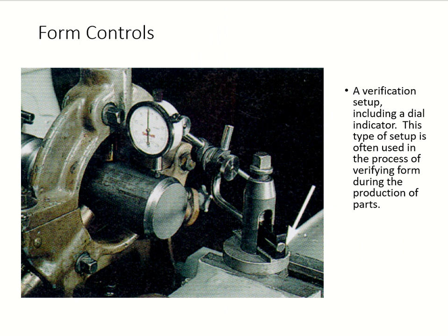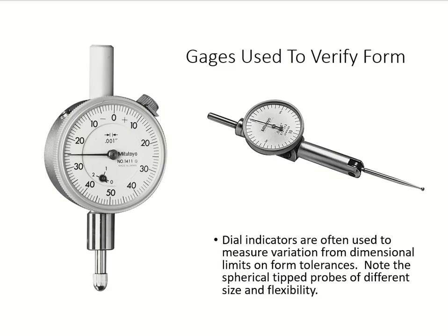So form control, this is outside in the real world, and you can see a dial indicator right here. It's just measurement equipment for your metrology. So this type of setup is often used in the process of verifying form during the production of parts. So this is how you measure the form in the application outside.